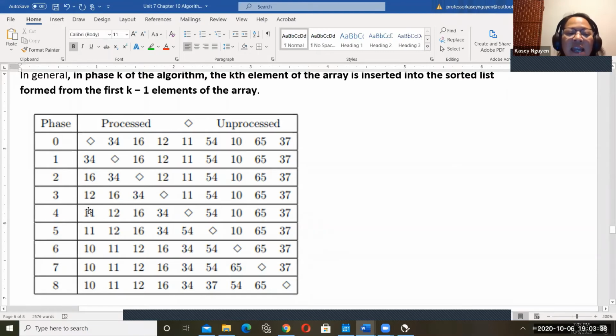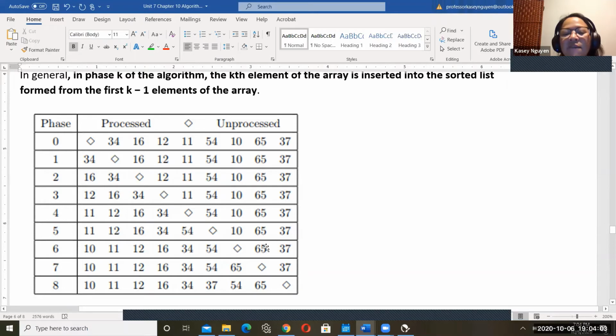And then again, 11. Now when you get to 54, since 54 is higher than 34, we simply put 54 after 34. Okay, and then 10 again, we have to shift everybody right one spot and then put 10 in front of 11.